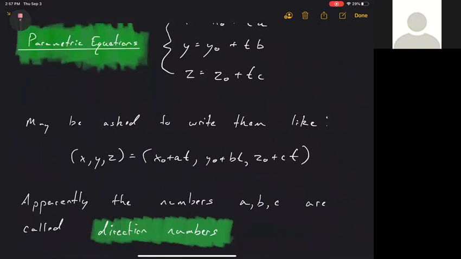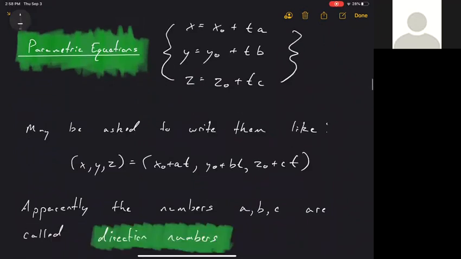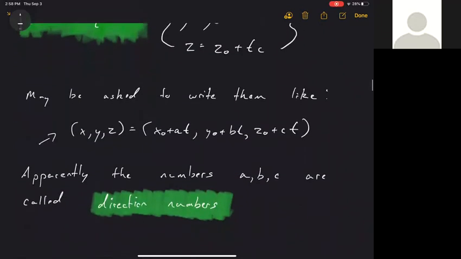Now, we might write them out just as a list like this, or we might write them in parentheses: (x, y, z) equals (x sub 0 plus at, and so on). Now notice these are rounded parentheses. These aren't vectors. It's just like a list of equations, basically.